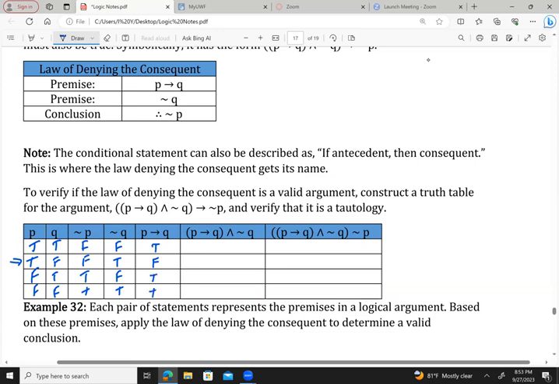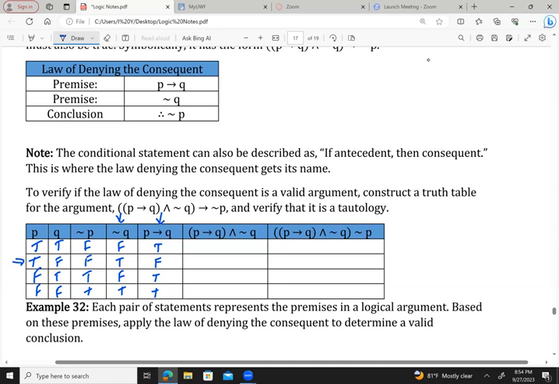Now I'm looking at if P then Q and not Q. I have an and statement, and the only time an and statement is true is when both are true, which is here. False, false, false. And now I'm looking at, and again, typo, and then not P. So when is an if-then statement false? The only time it's false is when I have a true and a false.